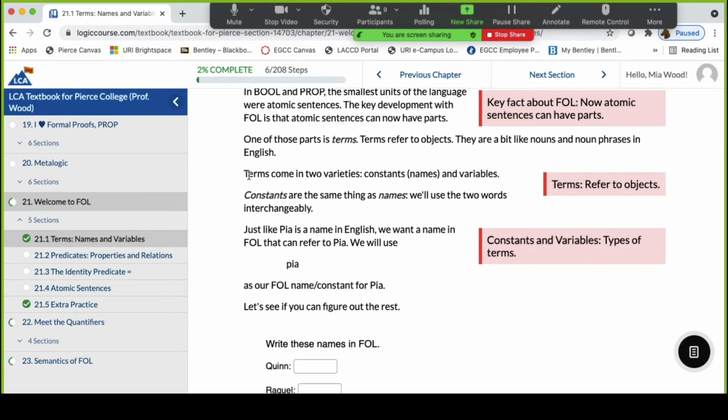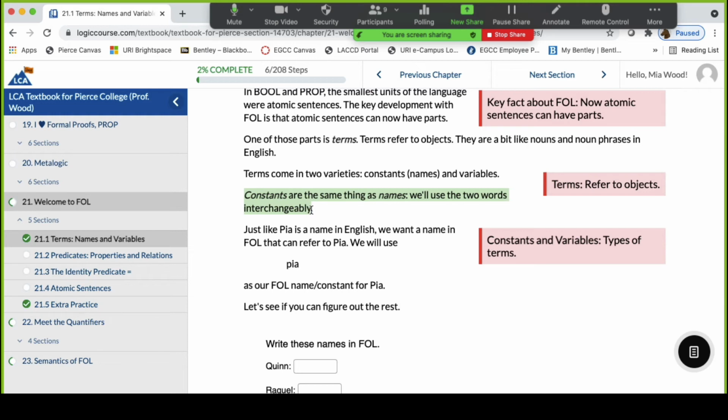All right, so we're talking about things, objects, terms, right? There are named things and unnamed things. The named things we symbolize in a specific way, and the unnamed things we symbolize with variables, X, Y, Z. So, constants and names are the same thing.